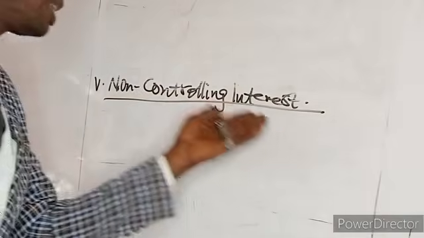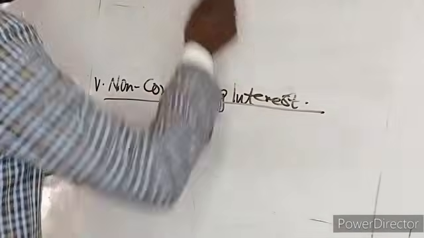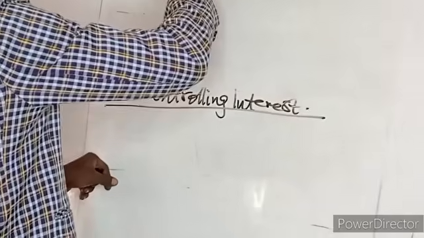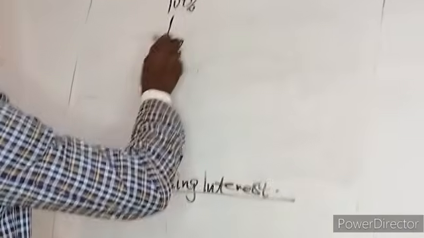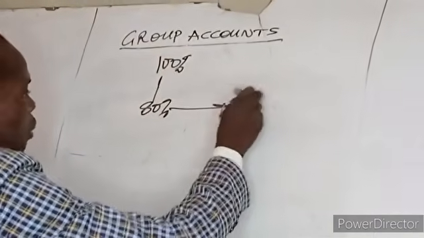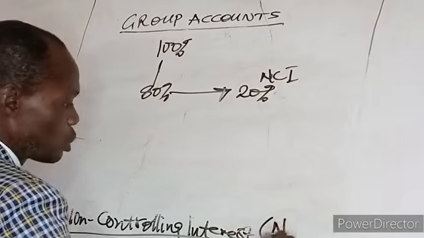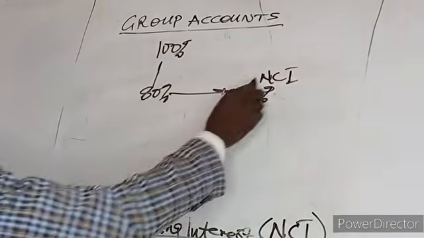So, what do we mean by non-controlling interest? I've told you that if the parent acquires only 80% out of 100%, the remaining 20% not acquired by the parent is the non-controlling interest, abbreviated as NCI.